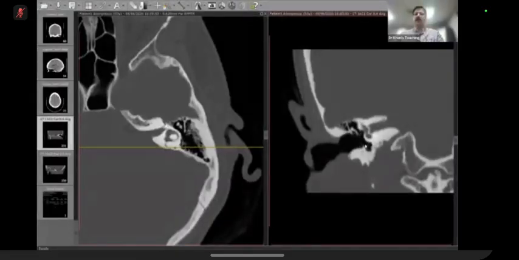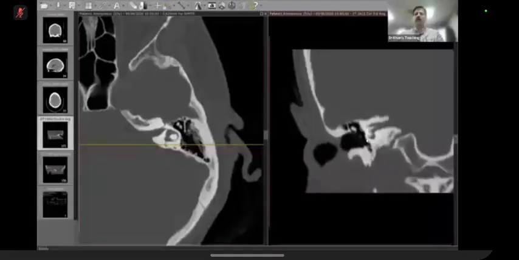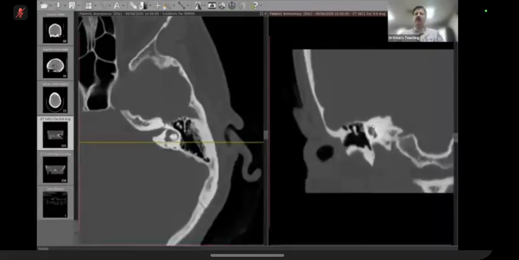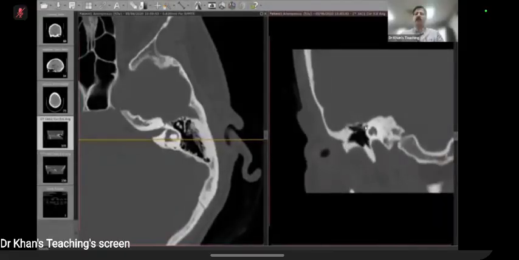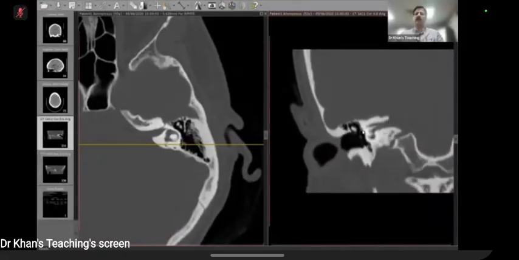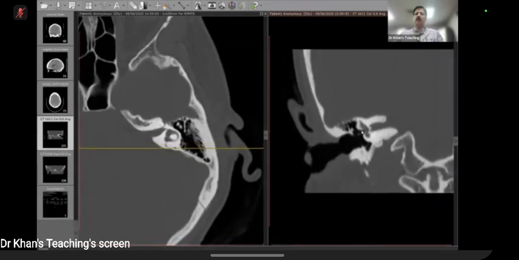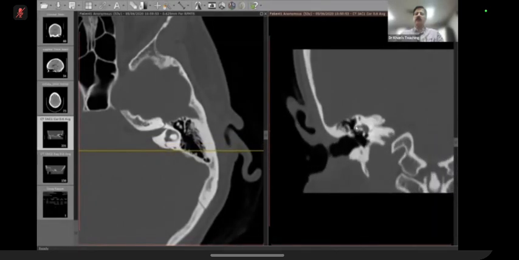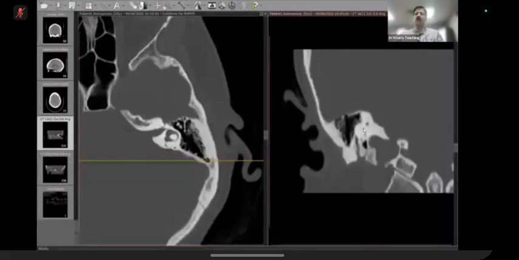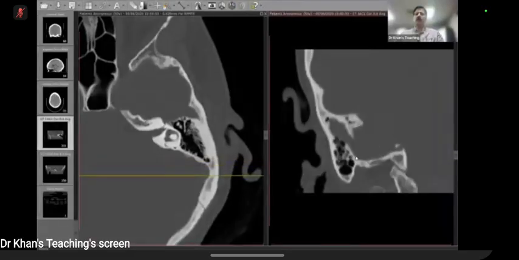From here till here is the mesotympanum. Hypotympanum is not important. This bulge here is made by the cochlea, which is this thing, cochlea. The facial nerve is coming from here. This is the dot, which is the labyrinthine portion, the geniculate ganglion, and then the tympanic portion, which passes underneath the lateral semicircular canal. And this is the descending portion.